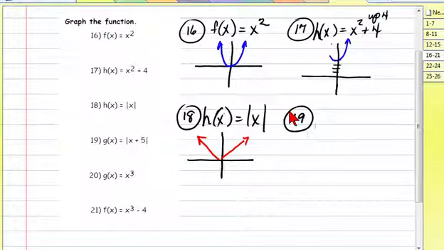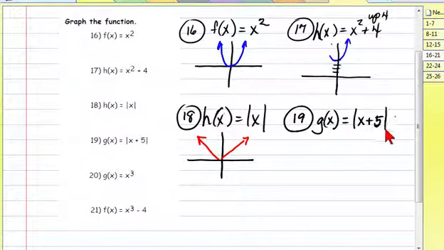Number 19. It says to graph, or in this case recognize, g of x is the absolute value of x plus 5. I mentioned a minute ago about inside versus outside. This plus 5 is inside the absolute value. So that means that it shifts it not vertically but horizontally, and it goes the opposite of what the sign says.